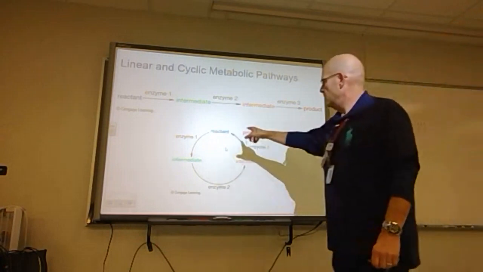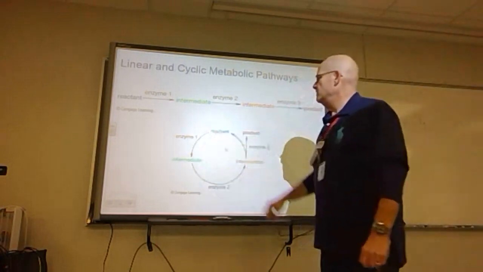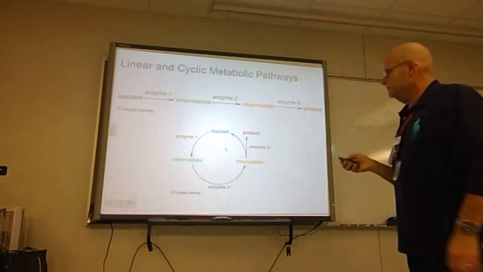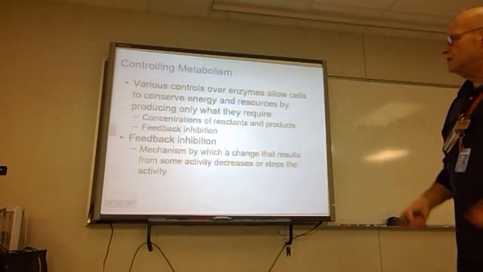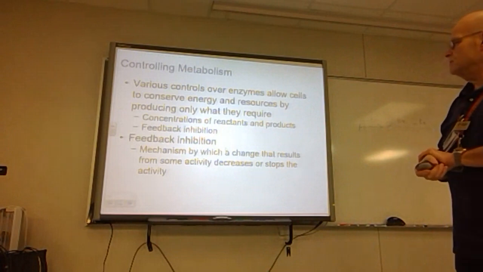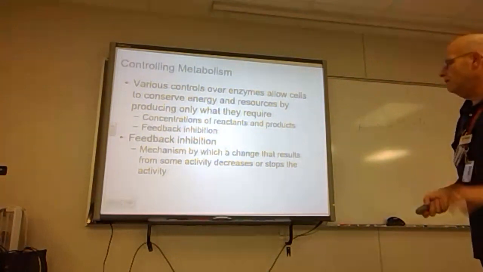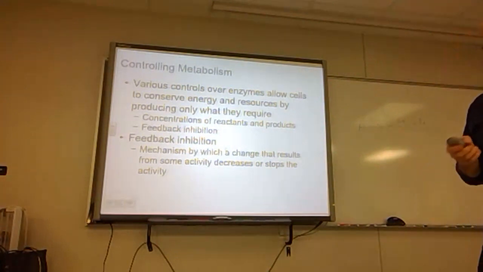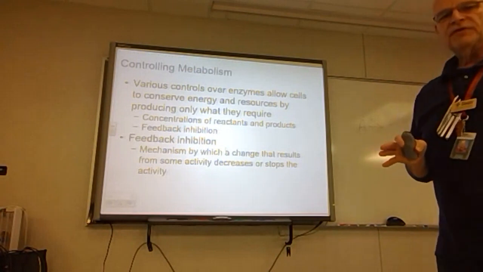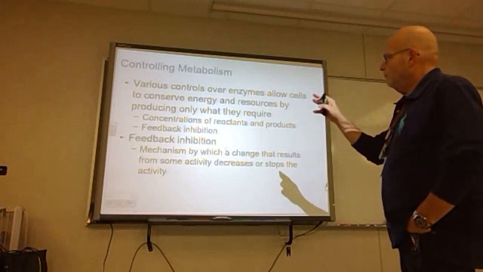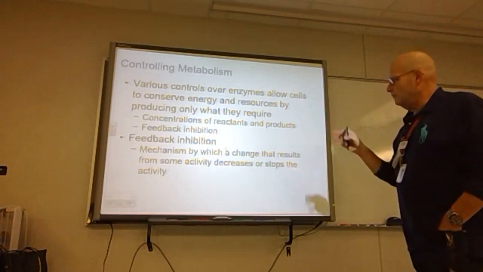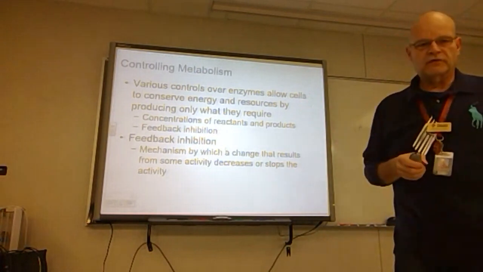And again, here's just the same thing, just written in a circular fashion. There are various controls over enzymes which allow cells to conserve energy and resources by producing only what they require. And there are methods for this, how this is controlled. One of the controls is the concentrations of reactants and products.